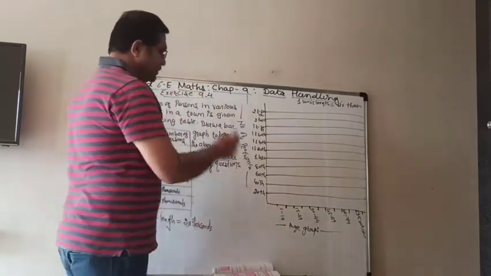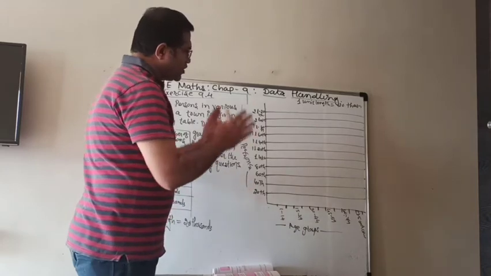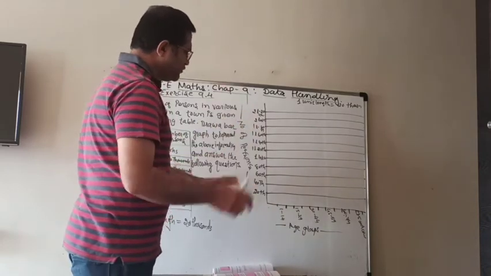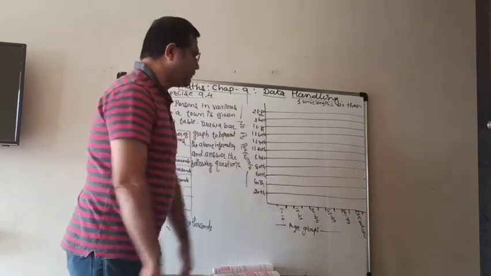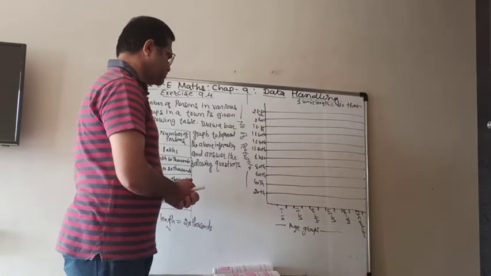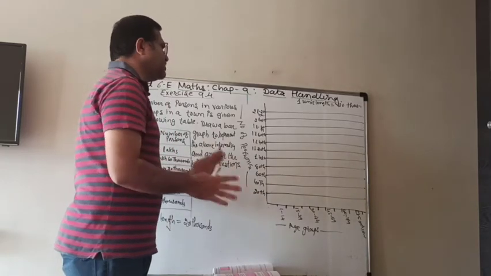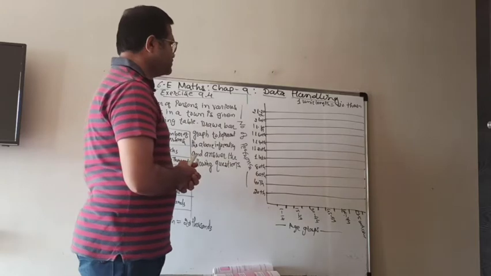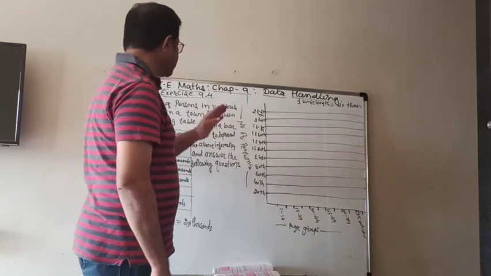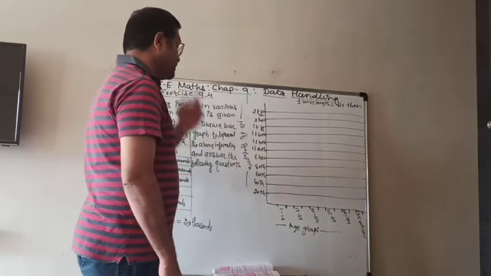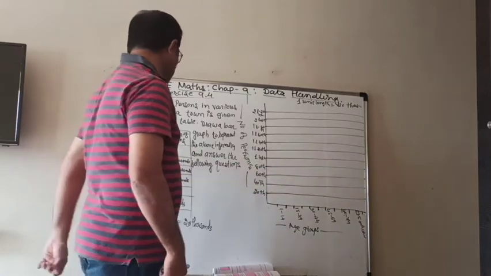So in that also we have to draw the same thing. The difference is only that here the age groups are given. Doesn't matter, it is the same as we did before. But the figures are big, so I just take 20,000, 40,000 and so on.